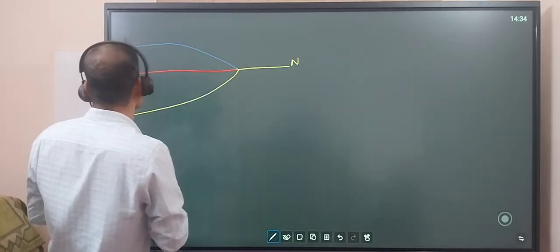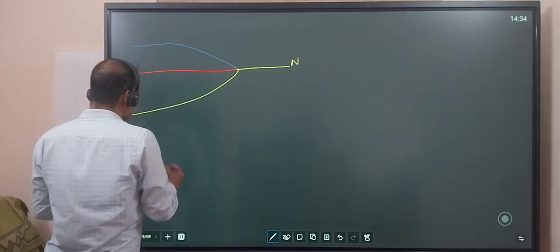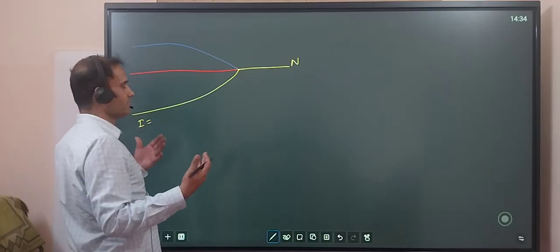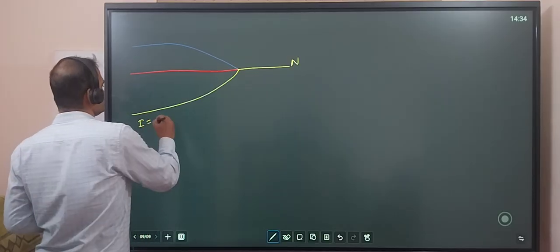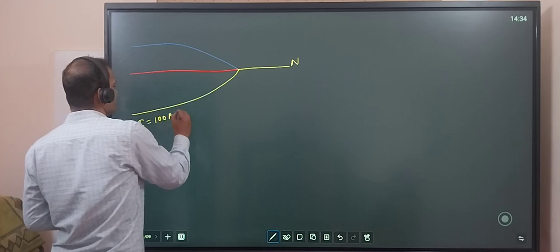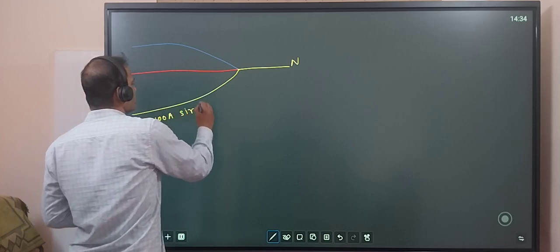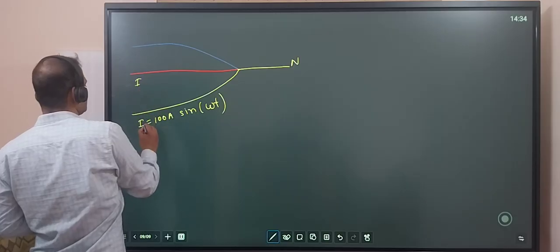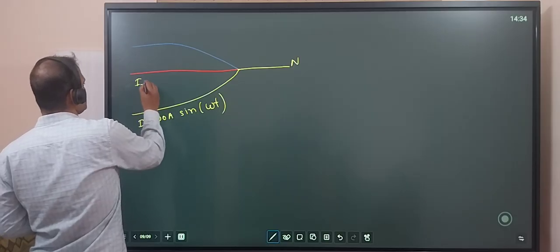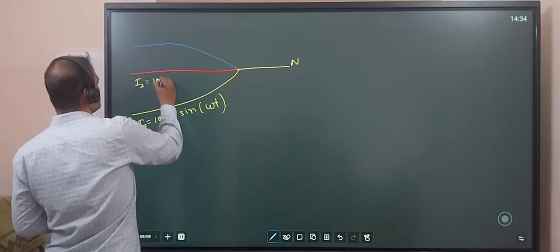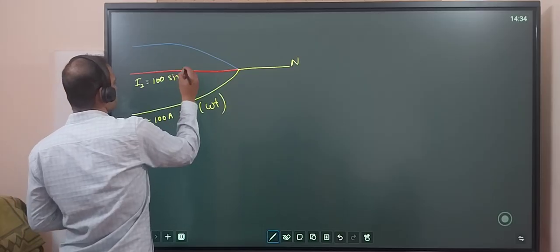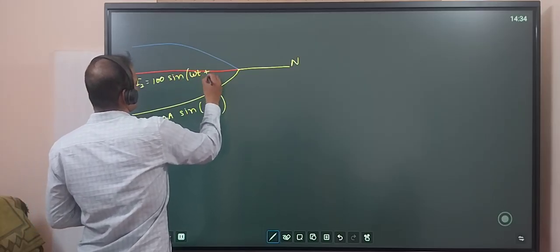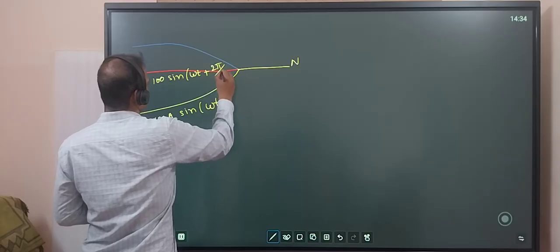Let us see. One of the currents is, let us say one big current, I equals 100 ampere sine omega t. The other one is ahead by a phase angle of 120 degrees, which means 2 pi by 3.